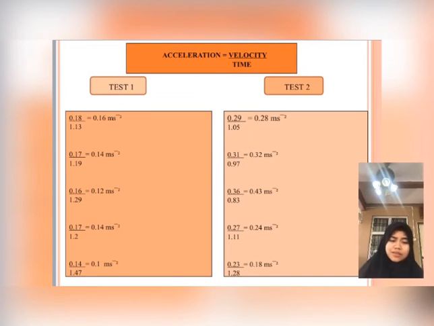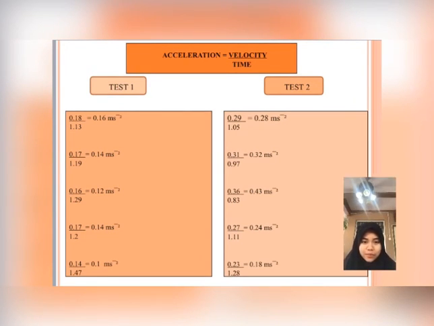To get the acceleration, velocity divide time. So for the test 1, 0.18 divide 1.13, the equals is 0.16. 0.17 divide 1.19, the equal is 0.14. 0.16 divide to 1.29, the equal is 0.12. 0.17 divide 1.2, the equal is 0.14.